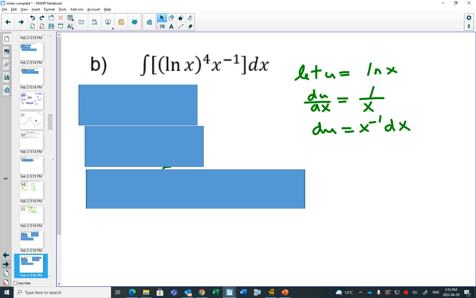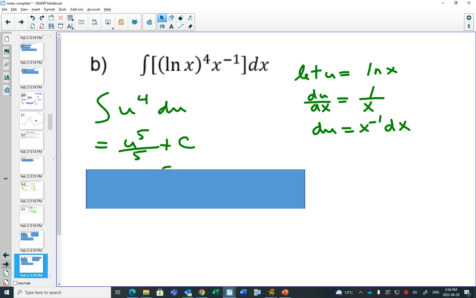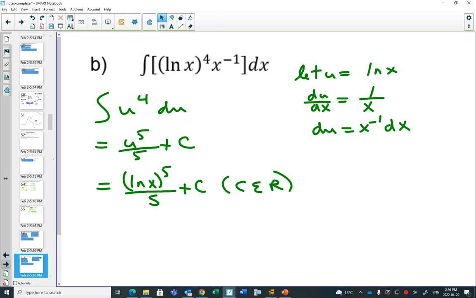We can multiply both sides by the dx, a little bit of hand motion, pretending nothing happened. And now we substitute things back in, and it's that same easy one to do. So what do we do? Add 1 to the exponent and divide, and then we substitute back. And life is good.